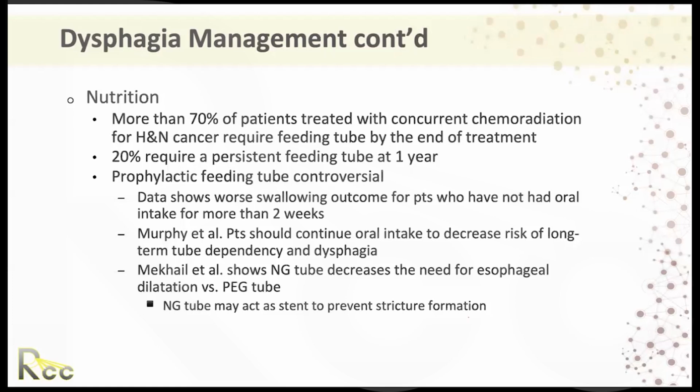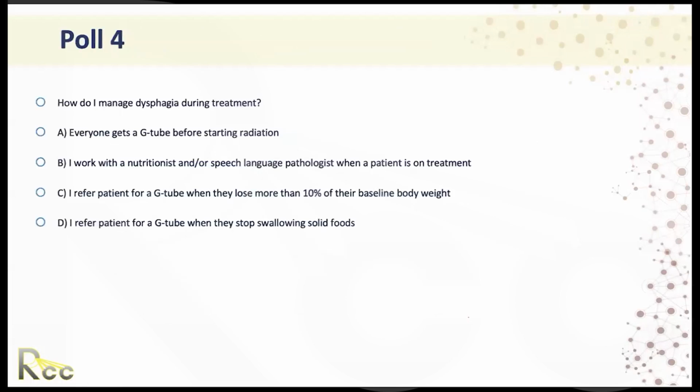Our use of G tubes during chemoradiation is now on the order of about 25% of our patients. A small minority of patients require a G-tube beyond a year, and these are especially oral cavity patients who have had trimodality therapy, where they require a G-tube for a long time.